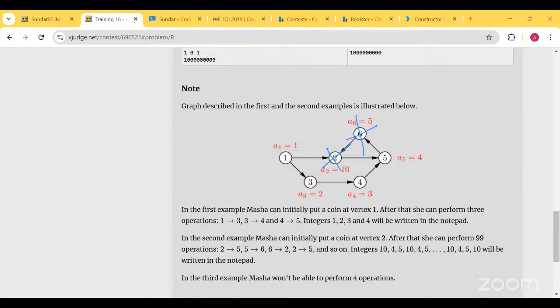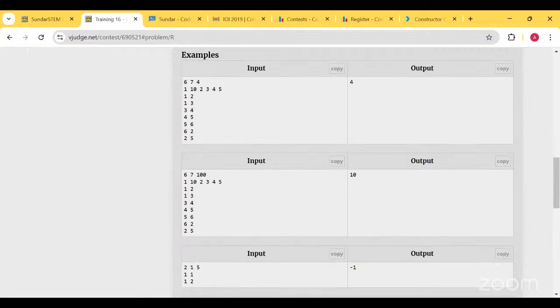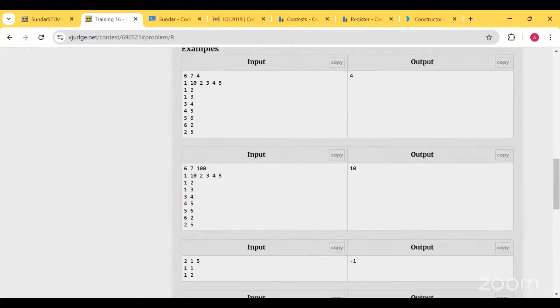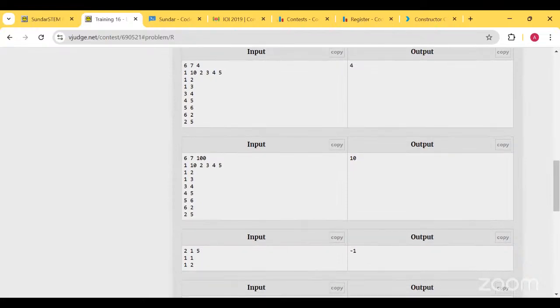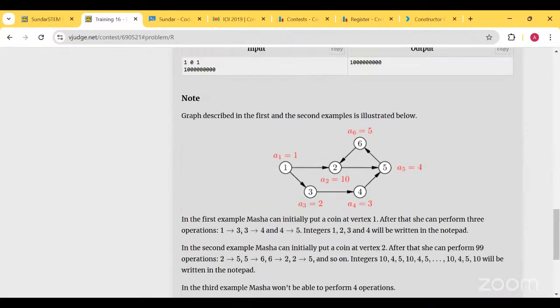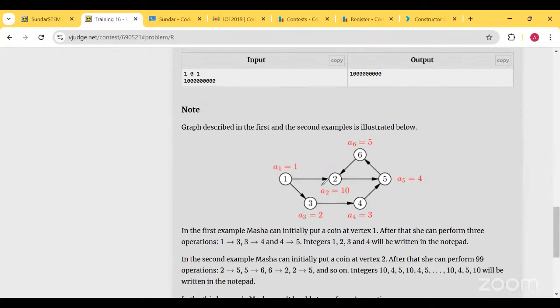And what is the second sample? The second sample is just the same graph, but we need to move 100 times. It means if we avoid these two, we cannot move 100 times, only a finite number of times. And what if we avoid 10?